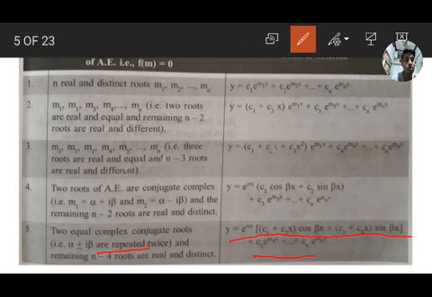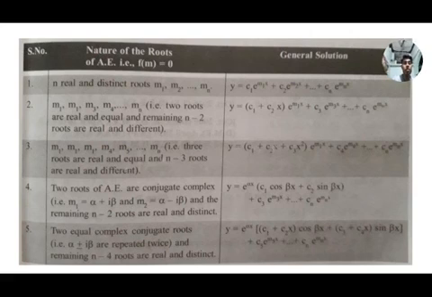Here the complex roots are repeating, in total 4 values, alpha plus or minus i beta repeated twice, and the remaining are real and different. These are the different possibilities, and many more combinations will come according to which we write the solution.